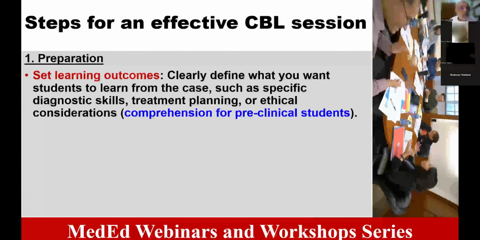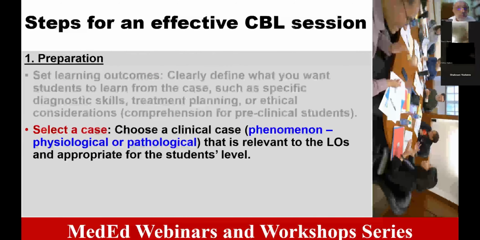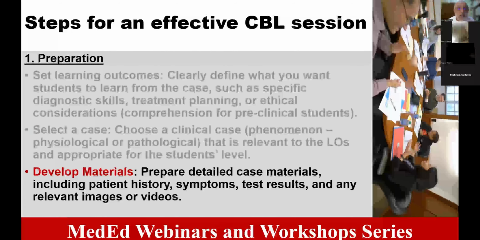So identifying the focused learning outcomes, and knowing clearly what areas we want to emphasize. Then we have to select a case based on our learning outcomes, the case scenario, or maybe for preclinical years, as we were talking about comprehension, we might select a phenomenon, maybe physiological or pathological. And of course, that is relevant to the learning outcomes and appropriate for the students' level. Thirdly, we have to develop detailed case material.